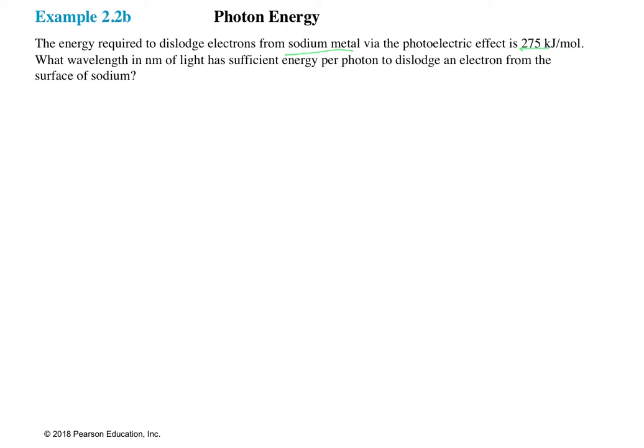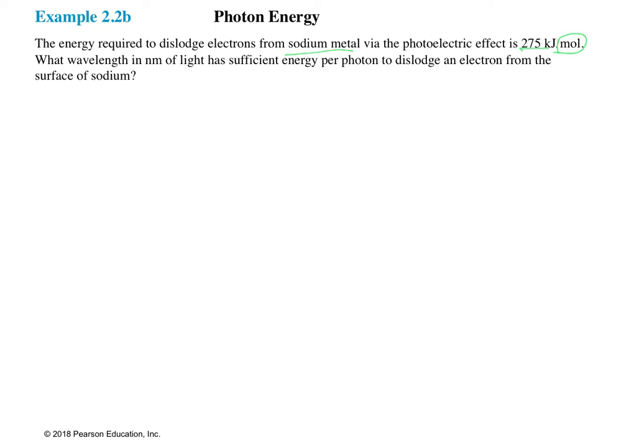What have we been talking about here? We've been talking about photons. So this is how many moles of photons have to be used. So we want to find out how many joules per photon, not joules per mole of photons. Moles can be used for anything, including packaging photons.